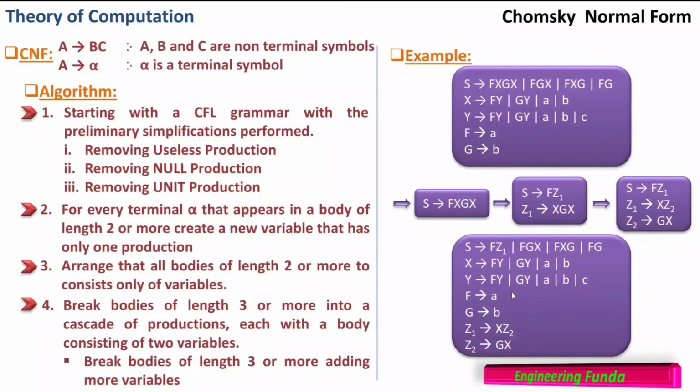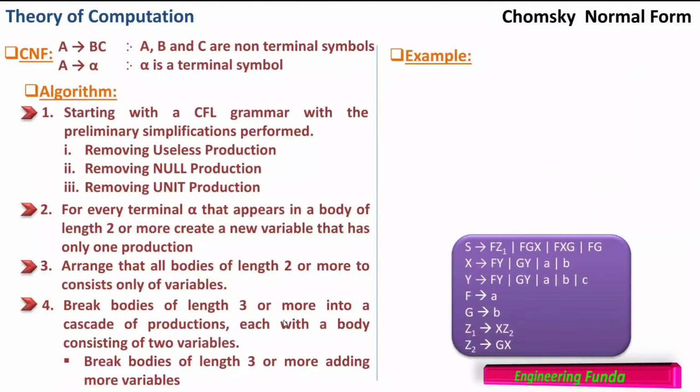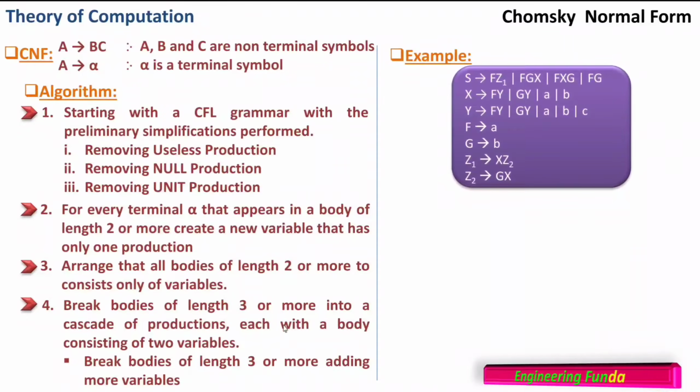Now the same process we have to apply for all the productions having length 3 or more, and in every step we have to take the newly generated grammar for the application of the next iteration.